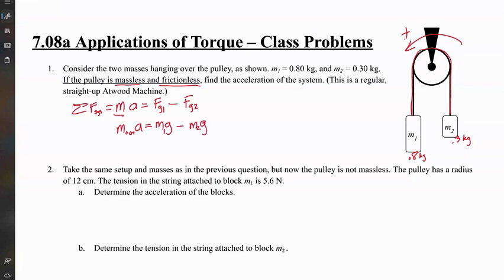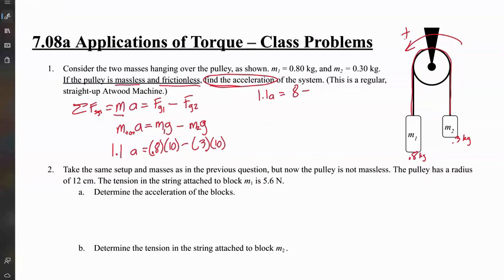All right, we can start to plug in some numbers here. So our total mass, well, we have a 0.8 and a 0.3, so 1.1. And our acceleration is what we're being asked to find, the acceleration of the system. Mass 1 is 0.8 times 10. Mass 2 is 0.3 times g, which is 10. All right, so all of a sudden we have 1.1 A is equal to 8 minus 3.